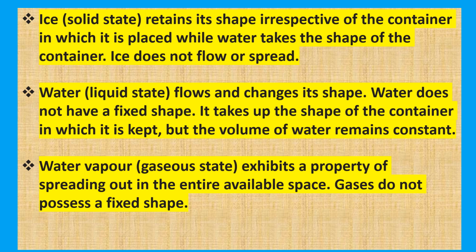Ice does not flow or spread. So ice retains its shape, it stays in its own shape, irrespective of the container in which it is placed. Its shape does not change, it remains the same. While water takes the shape of the container, whatever we pour it in, it takes that shape. Ice does not flow and spread, but water flows also and spreads also.